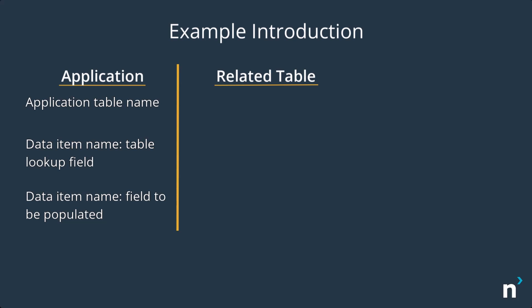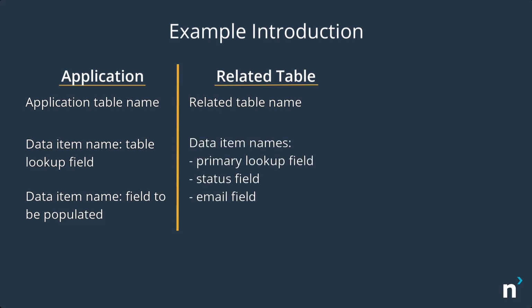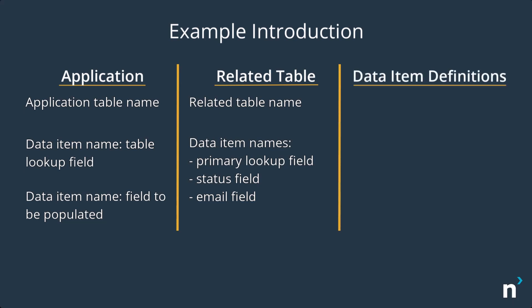From the table lookup field's related table, which is the directory table for this example, we need the table name, the data item names for the primary lookup field, the status field, and the email field. The last piece of information we need is the name of the message data item, which will be used for the error message. Need more information on message data items? Check out the Nextworld help documentation.